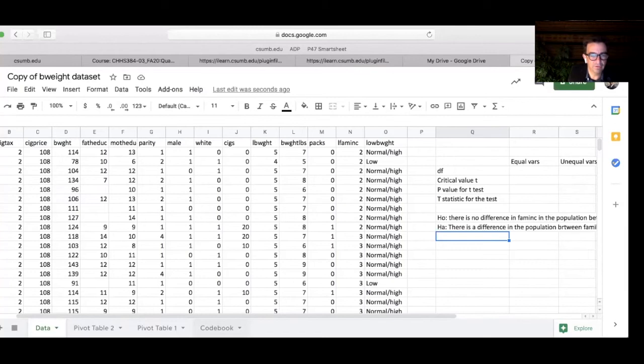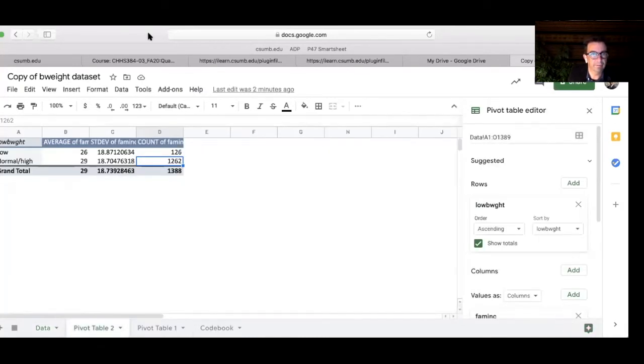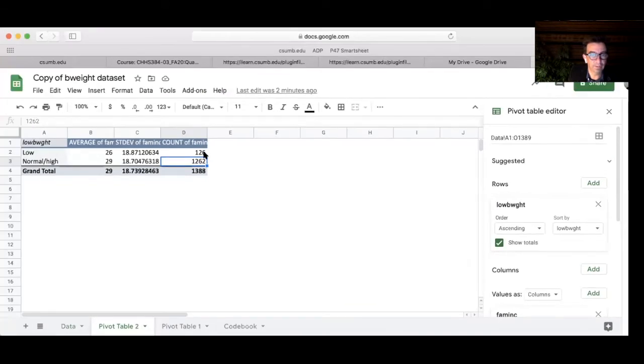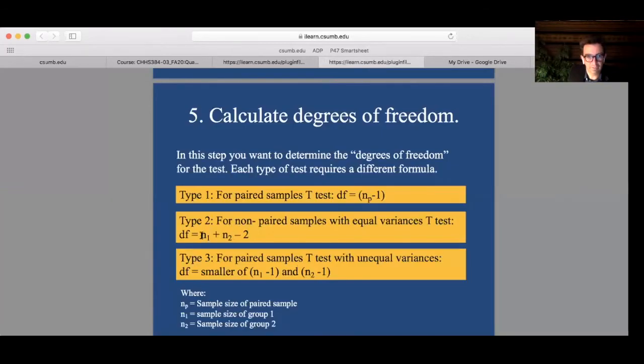How many observations do we have? We have N1, this one group, 126, plus N2, 1262. If you add them, we have 1,388. And the formula says it's one group plus the other, 1,388 minus 2. So that will give us 1,386.